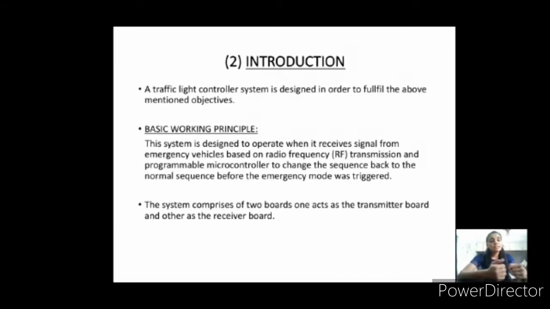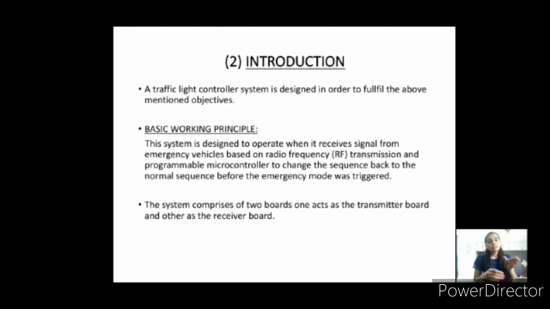In the last slide, we discussed our project objective. Here I am going to explain the basic working principle of our project. In this project, we have used RF transmission and a programmable microcontroller. We have used two boards, an RF transmitter board and an RF receiver board.